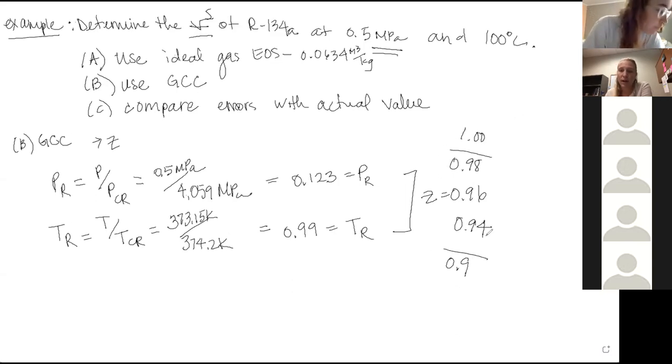On the next exam, I give you the generalized compressibility chart printed out, so you can always mark with your pencil what lines you're following and where you're getting your values from. Even if you're off a little bit, I can see that you were still following the correct lines.